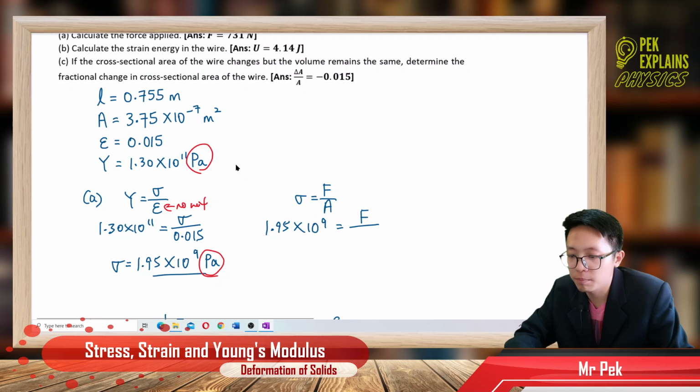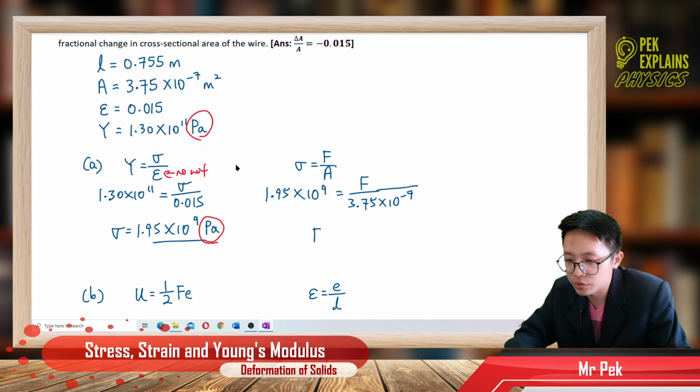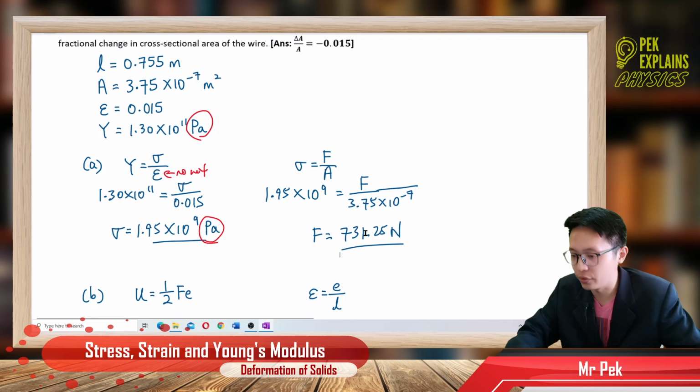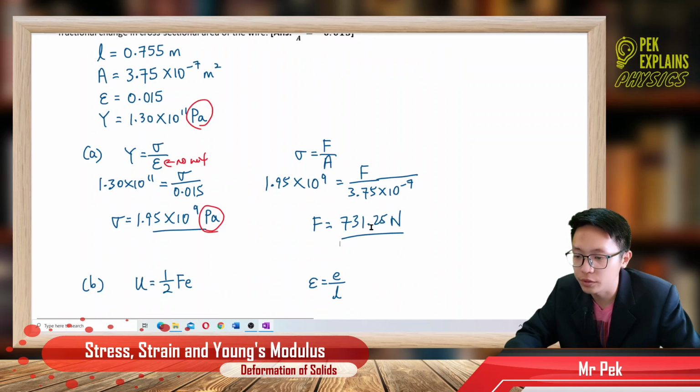So plug in the value. What's my force? My force is 731.25 Newton. Yes, that's my force in the wire.